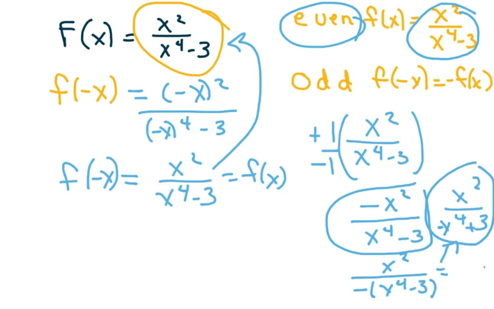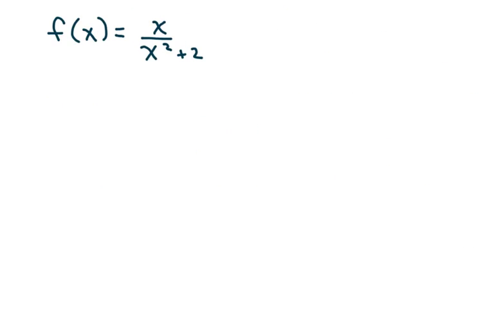Okay, the next ones I do, I'm going to go a little bit faster. All right, here we have f of x equals x over x squared plus 2. If it's even, it looks the same, so f of negative x would equal x over x squared plus 2.